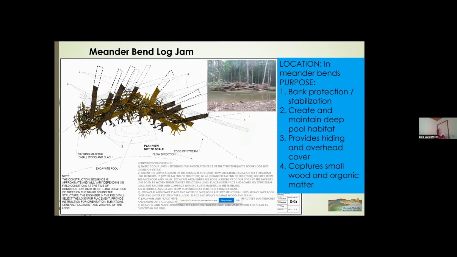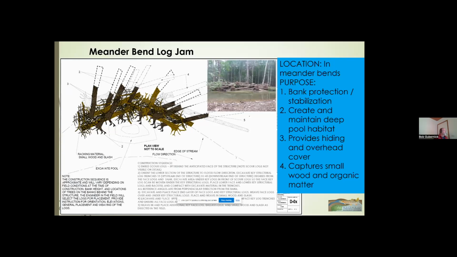So here we find ourselves in the bend of a stream, and we're going to construct a meandered bend log jam. A meandered bend log jam is a complex of wood in the bend where essentially the main purpose is bank protection and stabilization. One of the great features is that it causes deep pool habitats.